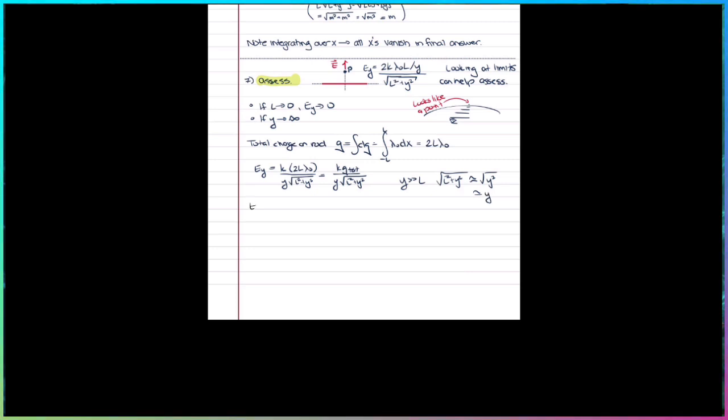And then notice that E sub y goes to k q total over y, and that square root business just became y. So indeed, it looks like k q total over y squared. Kind of what you would expect of a point charge.